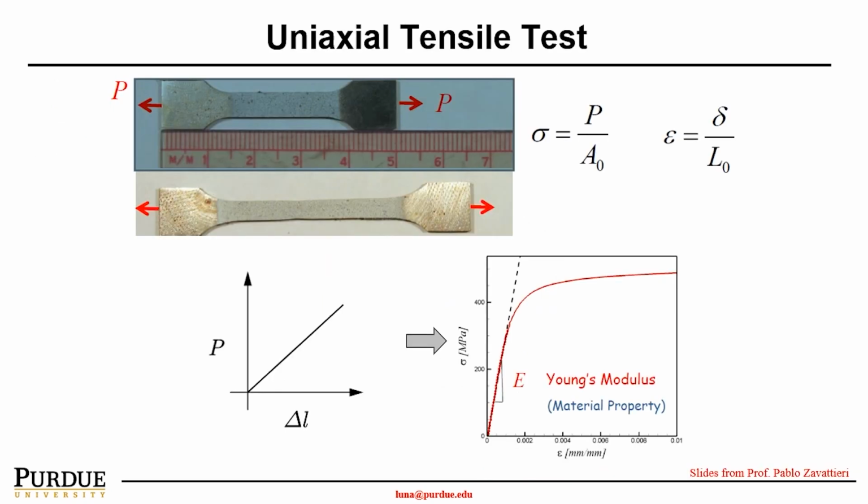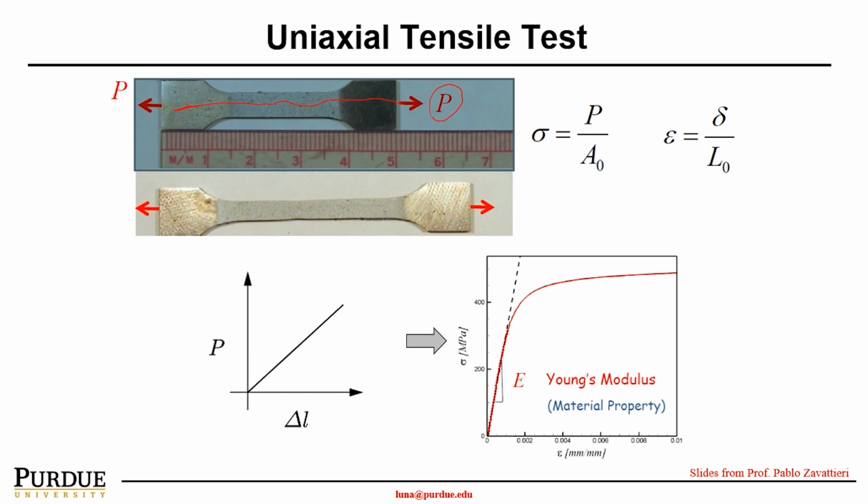First, let's recall the concept of uniaxial tensile testing. Uniaxial tensile testing is to apply a uniaxial tensile load along the x-axis of the testing sample, as shown here in this dog bone testing coupon. When we apply a load P, we extend the length of this original coupon from 5 centimeters to 6.5 centimeters.